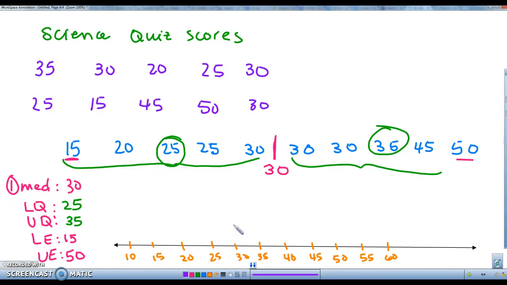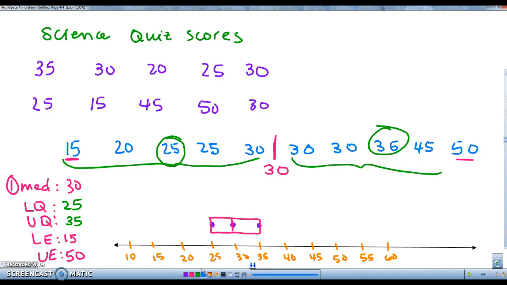So I graph my median first at 30, my lower quartile at 25, my upper quartile at 35. Then I stop. And what do I draw around my quartiles? Good, a box. I'm going to draw a box around my quartiles and a line through my median.